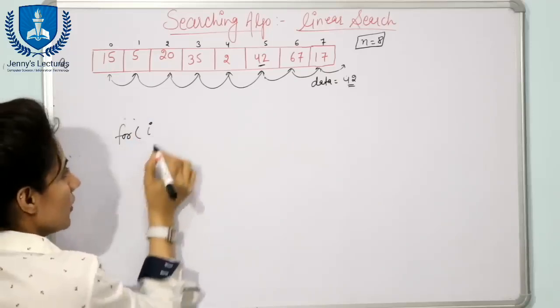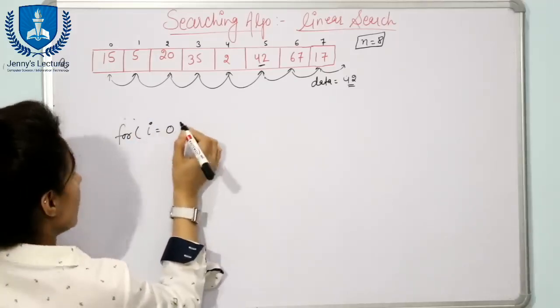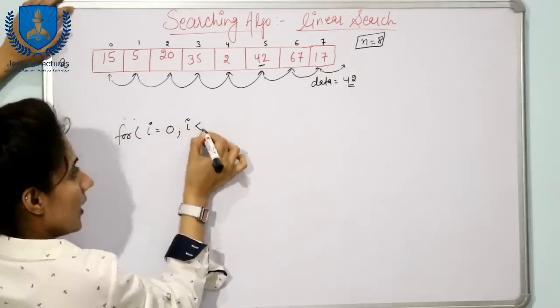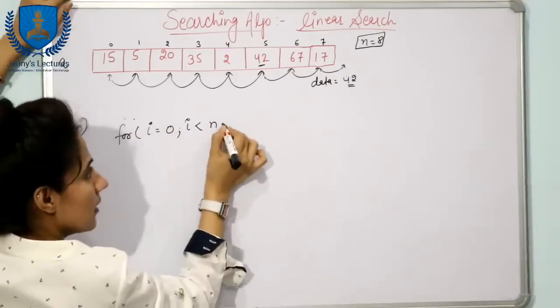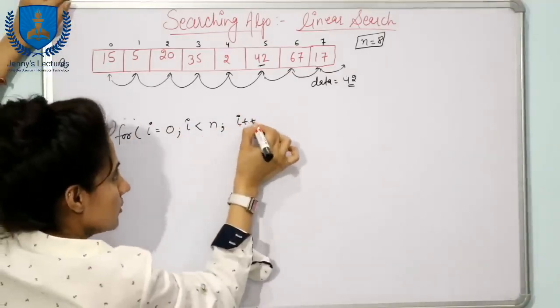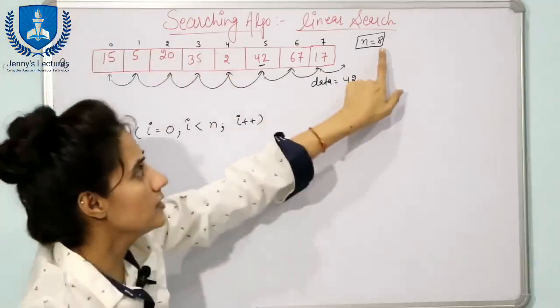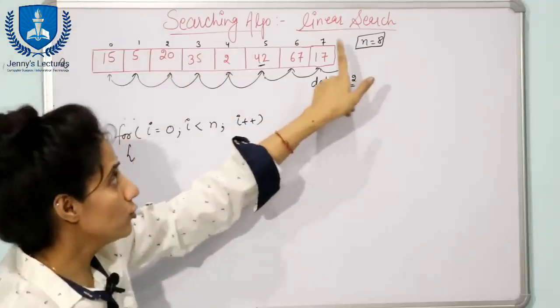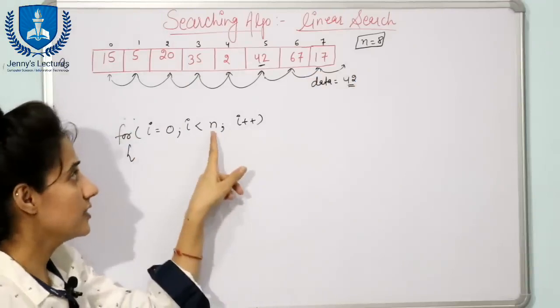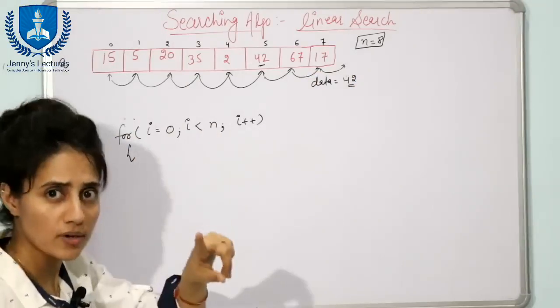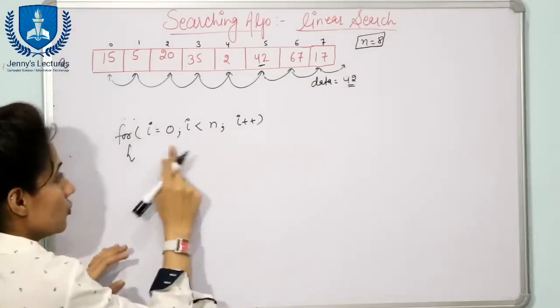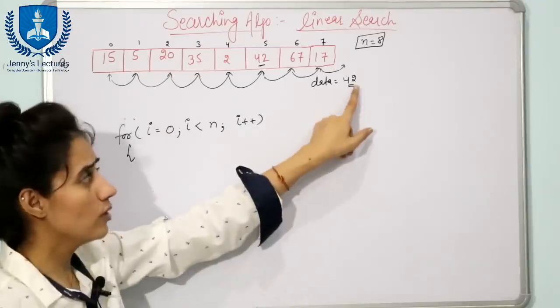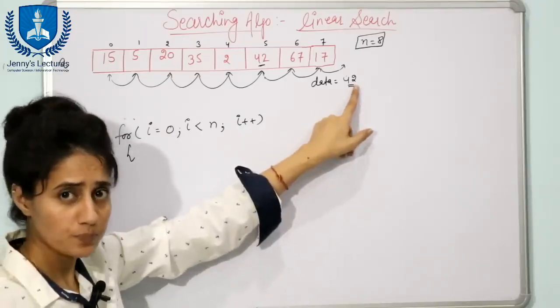We will take one variable i equal to 0, i less than n, and i plus plus, because here n is 8, so it should go till 7, less than 8, that is from 0 to 7. Now next, you have to find 42.